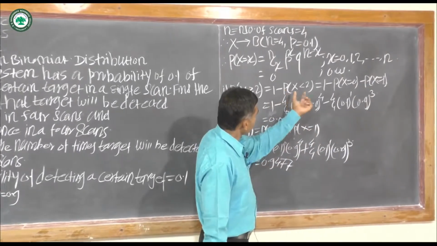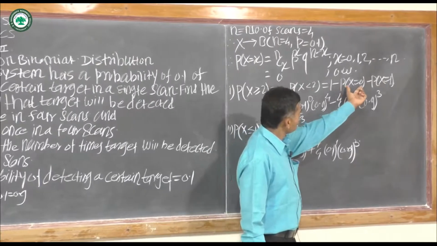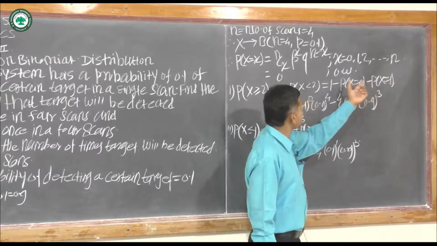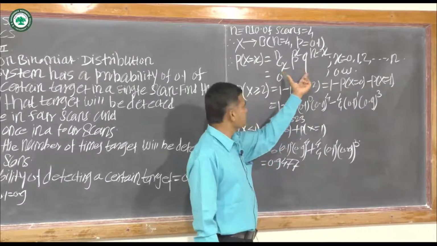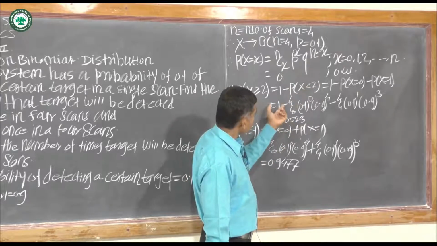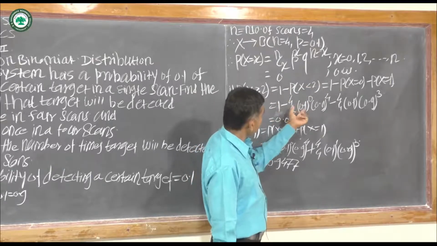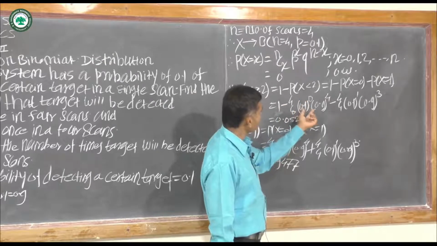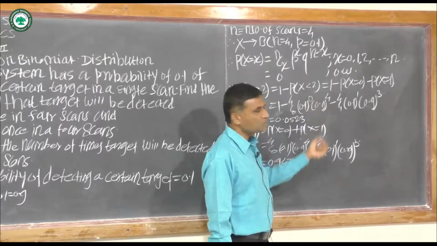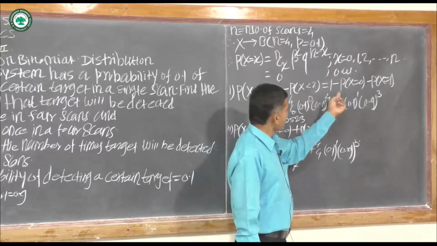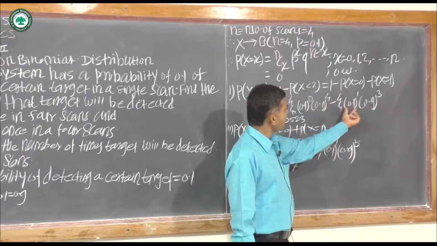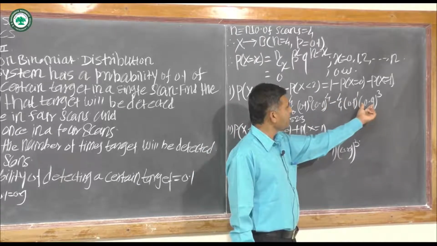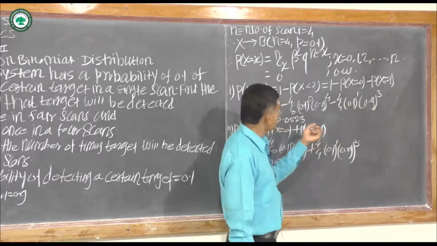Now substitute x equal to 0 and x equal to 1 in the above probability mass function, then we have 1 minus 4C0 into 0.1 raised to 0 into 0.9 raised to 4 minus 4C1 into 0.1 raised to 1 into 0.9 raised to 3.